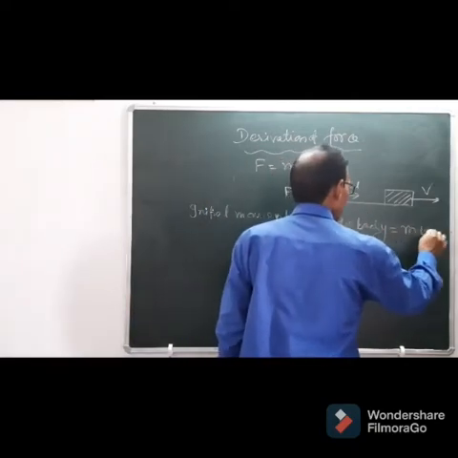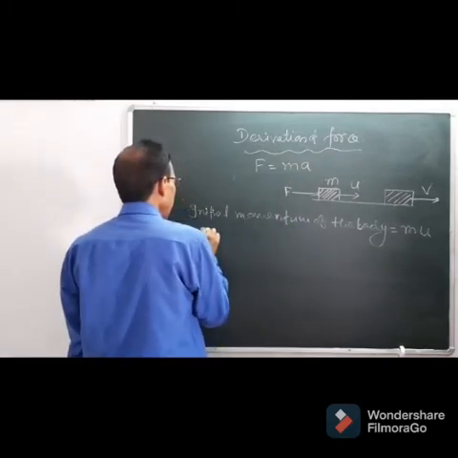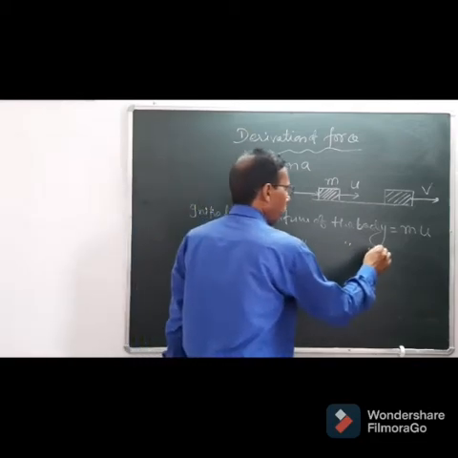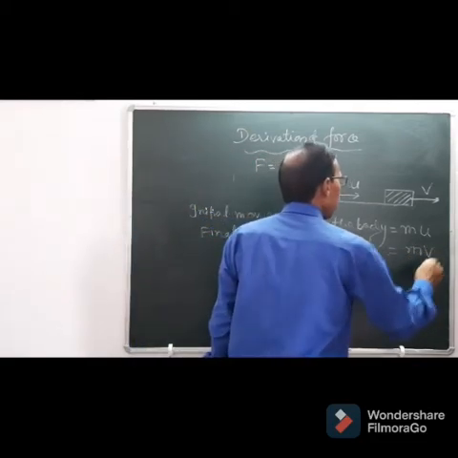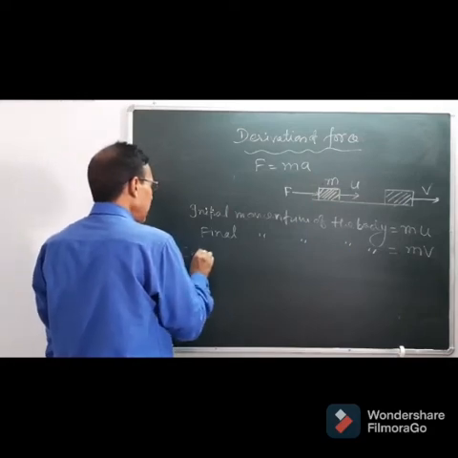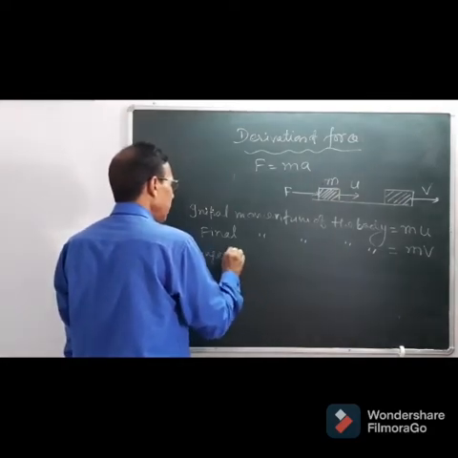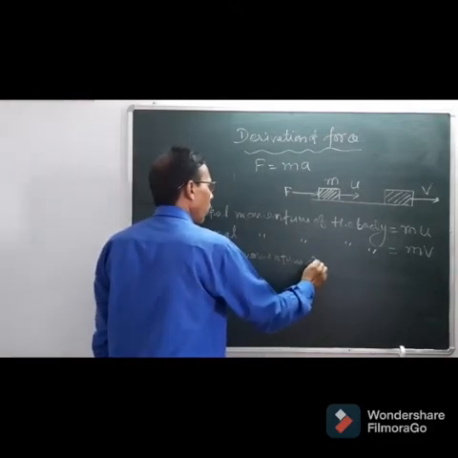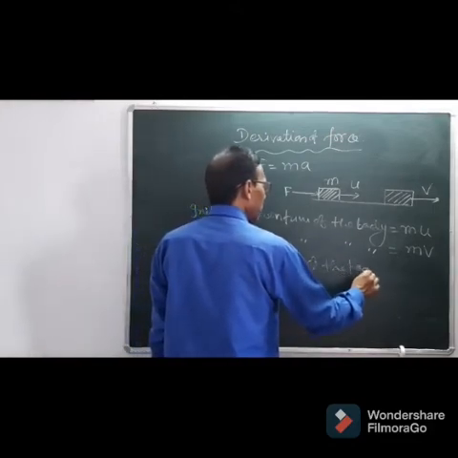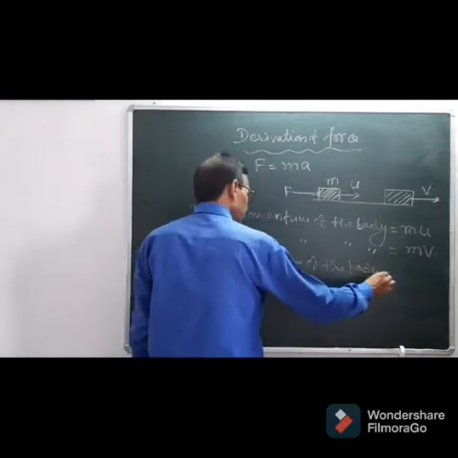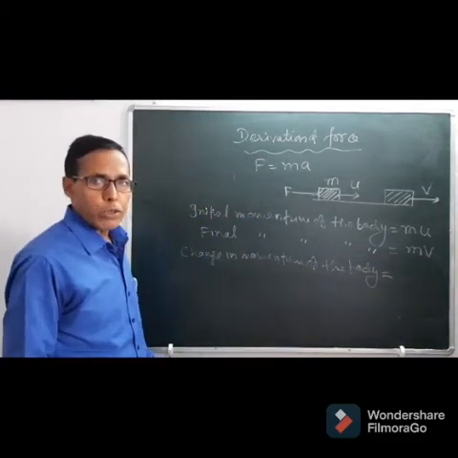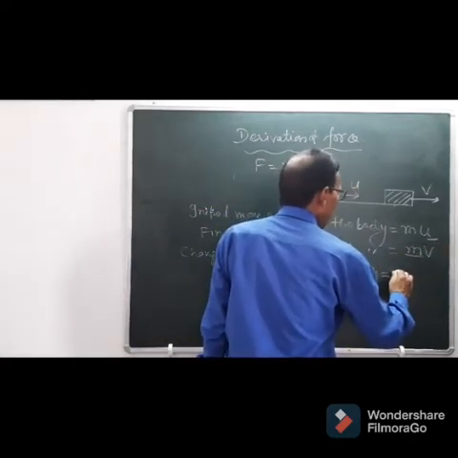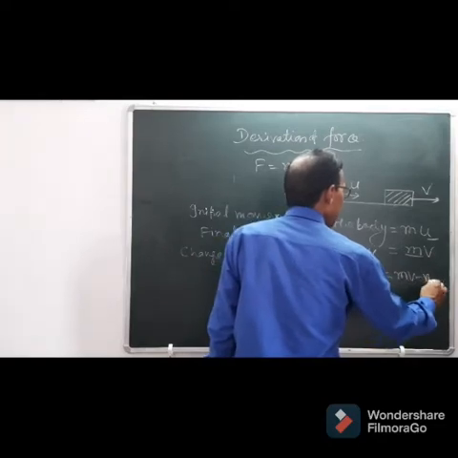Similarly, the final momentum of the body is equal to mv. So the change in momentum of a body is equal to final momentum minus initial momentum, so here mv minus mu.